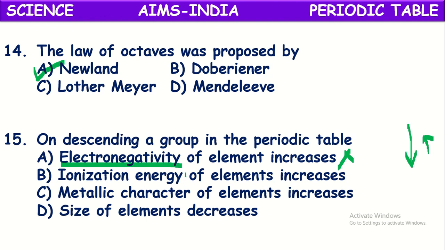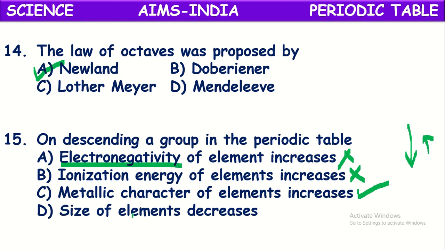As in a group from top to bottom atomic size increases, ionization energy also decreases, not increases. Metallic character of the elements increases. Yes, as the size increases, the tendency of losing electrons increases and hence we say metallic character increases.